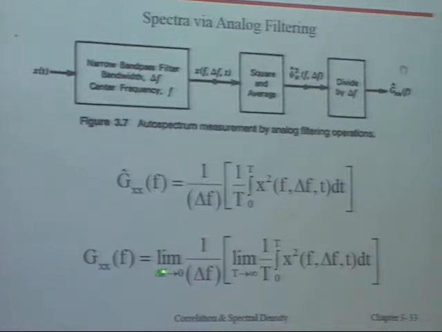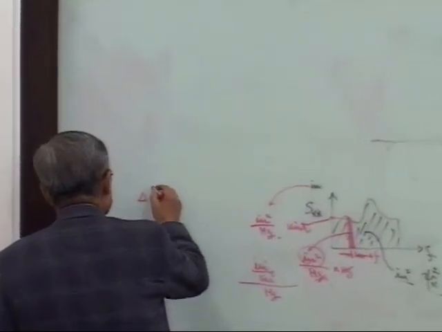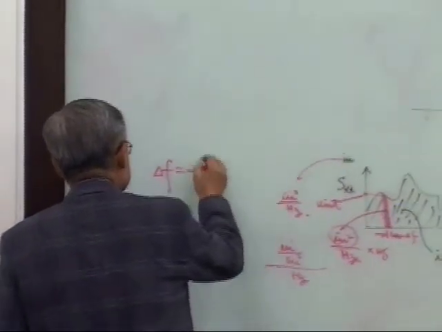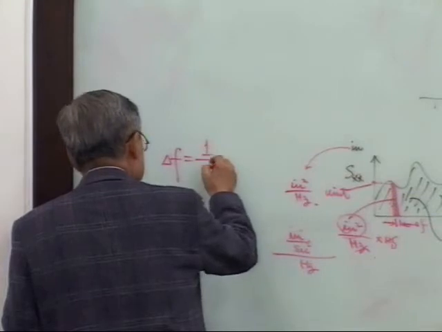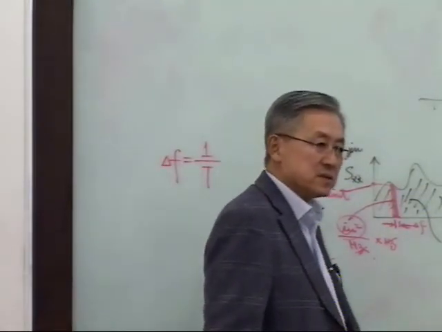For software, you can slice delta F. But if you really slice it, then you got a problem. This guy is equal to 1 over T, where T is the total time length.